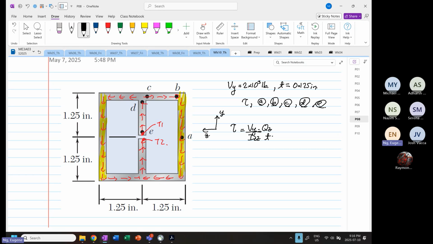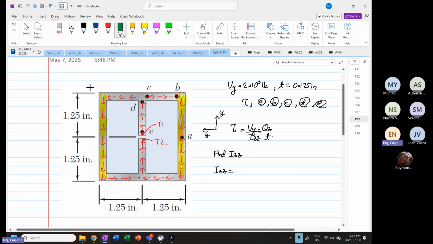Now we are going to find our Izz first. The ZZ axis is over here, and by observation, we know that this is the centroid.